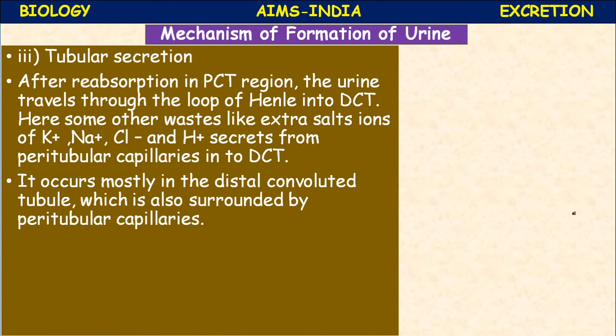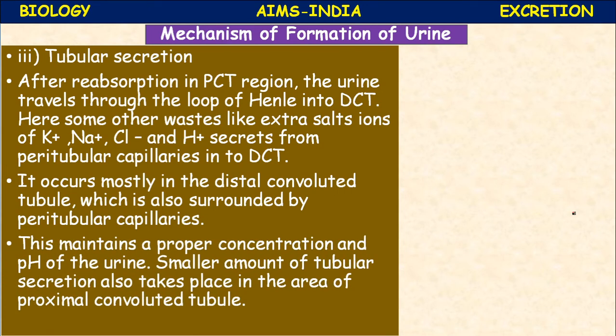It occurs mostly in the distal convoluted tubule, which is also surrounded by peritubular capillaries, meaning very minute blood vessels. This maintains a proper pH. What is pH? pH is very important in the osmotic balance. pH determines the acidity and basicity. The pH of the urine is slightly alkaline.